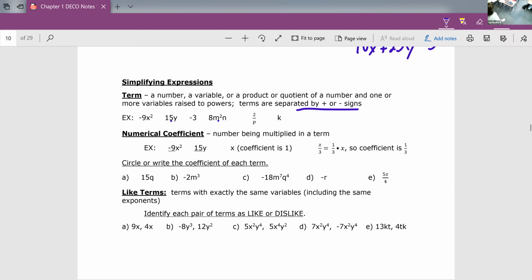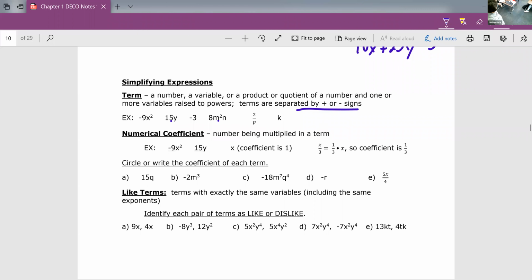We give a name to the number part that is in the term. It would be the number that's being multiplied times the variable. We call that a numerical coefficient. So for example, in negative 9x squared, what would be your coefficient? Negative 9. It's the number that's being multiplied times the variable. What about this? If I just see an x and I don't see a number in front of it?